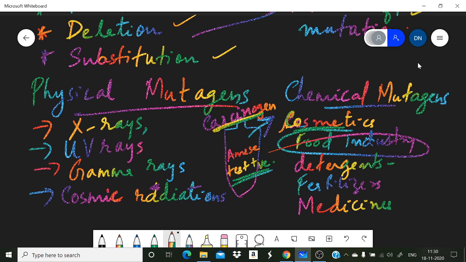Carcinogen means cancer causing substance. So if it is written like this, Ames test positive, that means that substance or any substance which is present in that particular cosmetic or that particular packet is a carcinogen, which is a cancer causing agent. That may cause mutations.